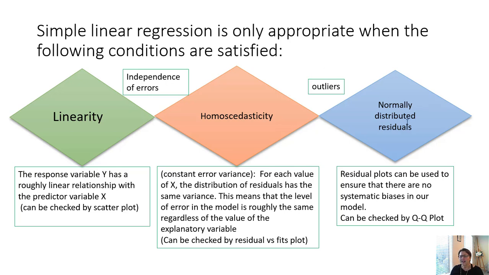The other assumption is that residuals are normally distributed. The residual plot can be used to ensure that there are no systematic biases in our model. In the R output that you will see, normality is checked by the QQ plot.